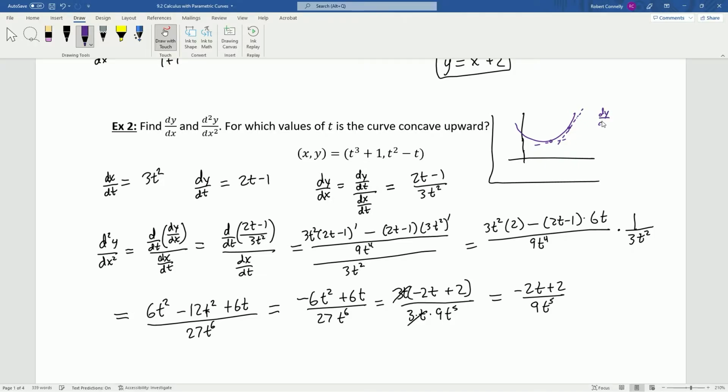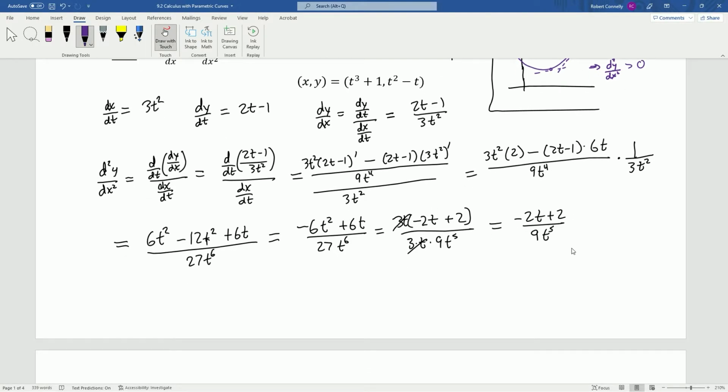So dy dx is increasing, which means the second derivative is positive. So that's all we're trying to check here, is that the second derivative is positive. Now there's a little bit of complication here, because our numerator and denominator both contribute to whether or not this number is positive. So for it to be positive, either both the numerator and denominator need to be positive, or both need to be negative.